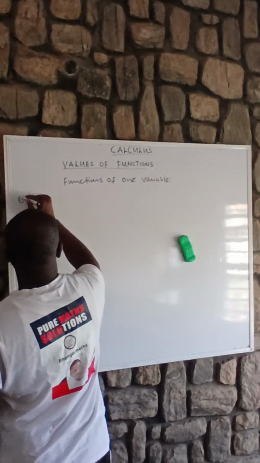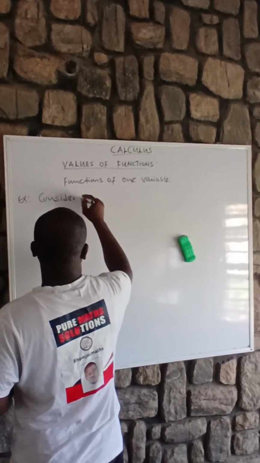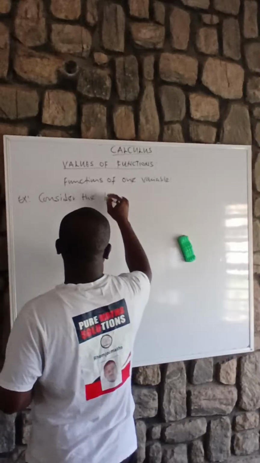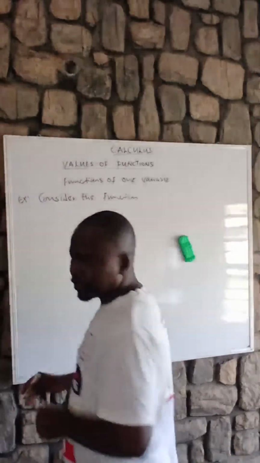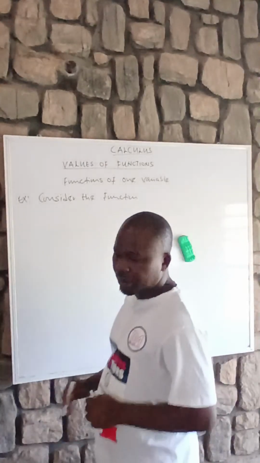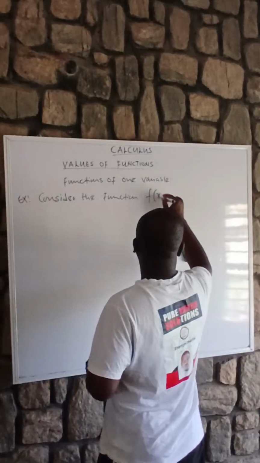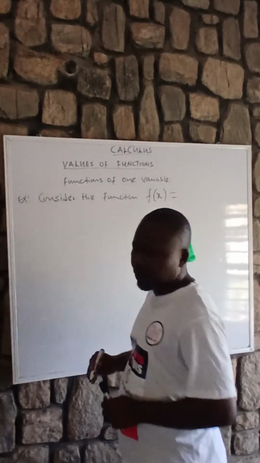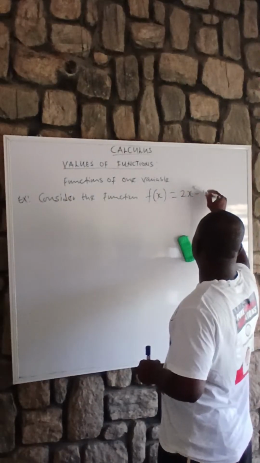Example, consider the function f of x. f of x is equal to 2x squared minus 1.